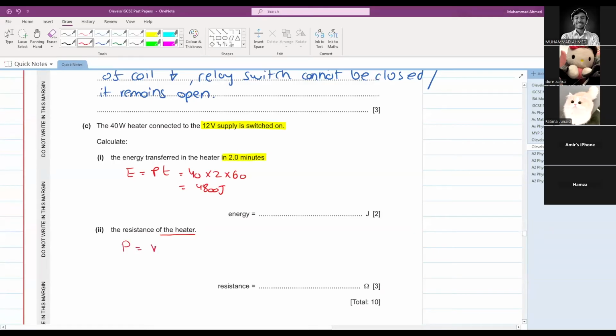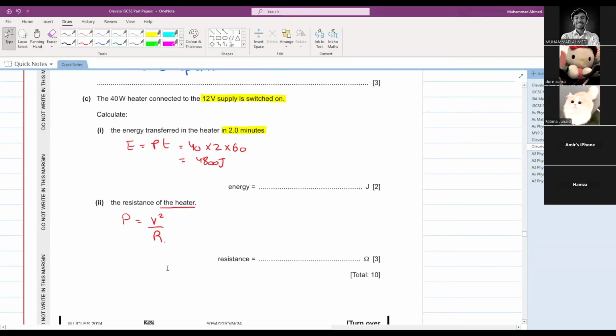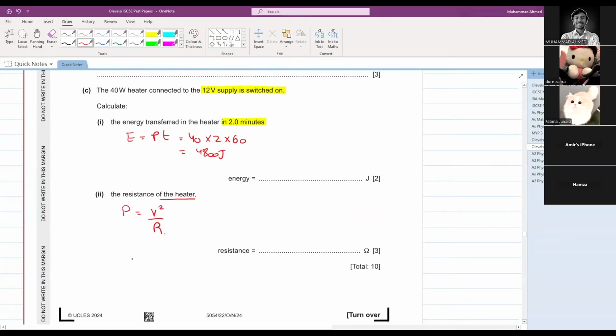Power is equal to V square over R. What is the power? 40. What is the voltage? 12, squared. 144 divided by 40. Your resistance comes out to be 3.6 ohms. Is it clear? Is Part C clear to everyone?